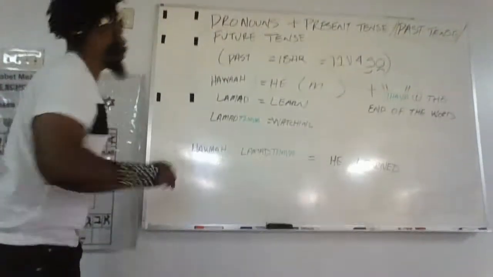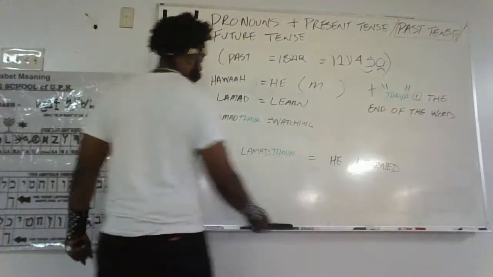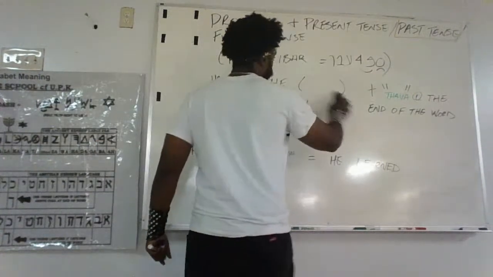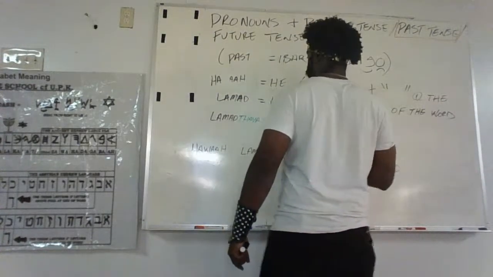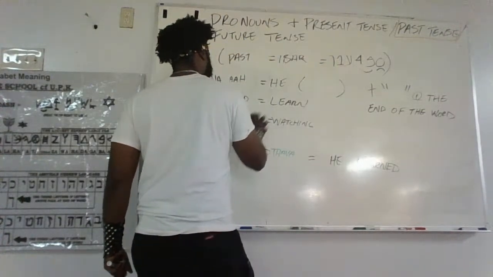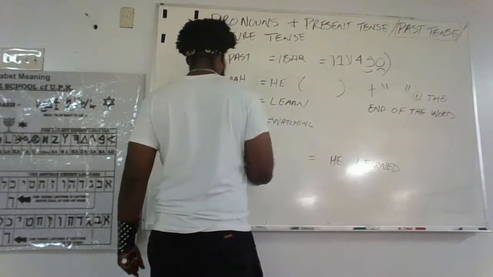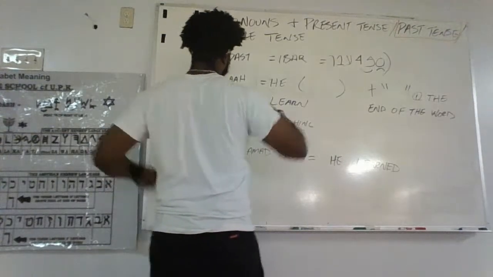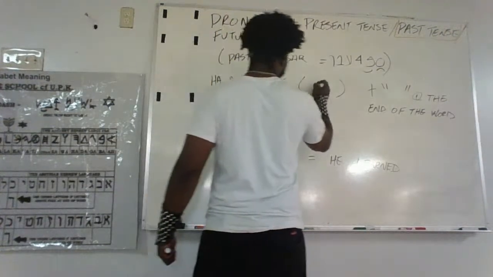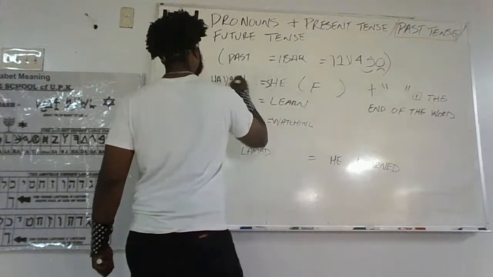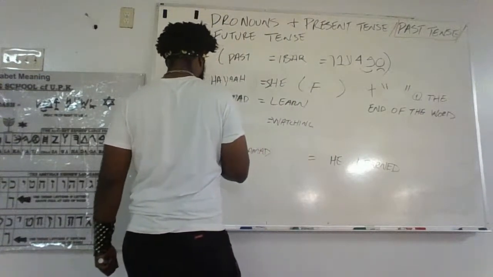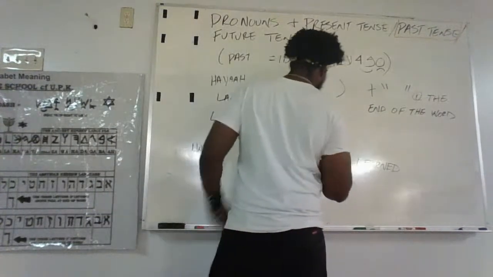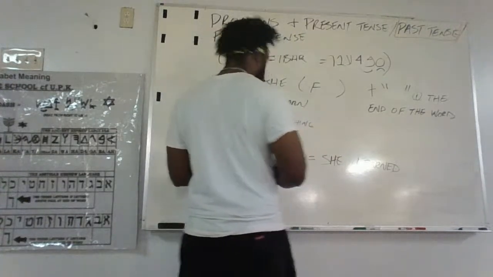All right. Okay. All right. So now we're going to deal with she. All right. When it's feminine, what goes at the end?